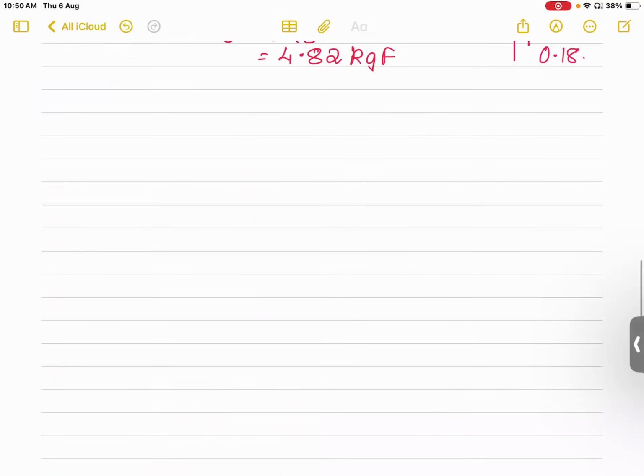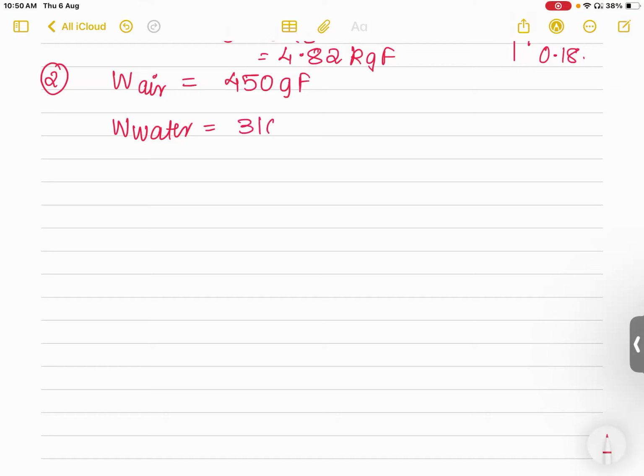Second question, weight of the body in air is 450 gf, and they have given the weight of the body in water, which is 310 gf. I am supposed to find out three things. First, I am supposed to find out what is the volume of the body.